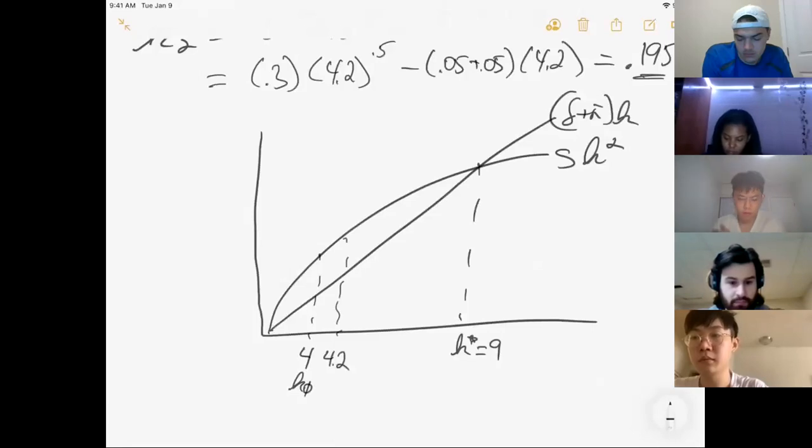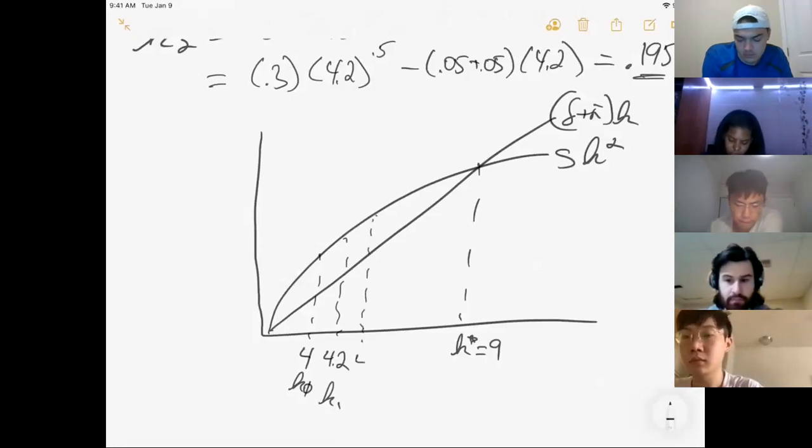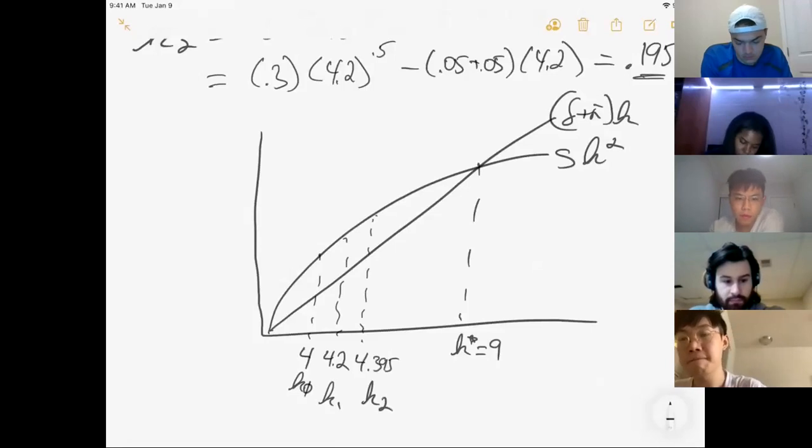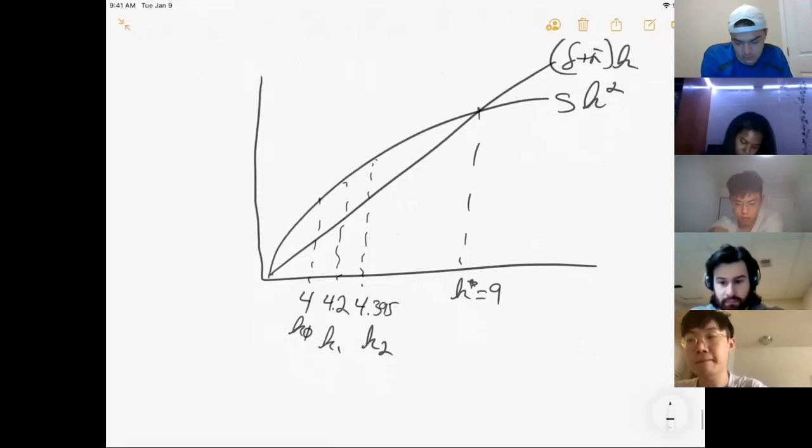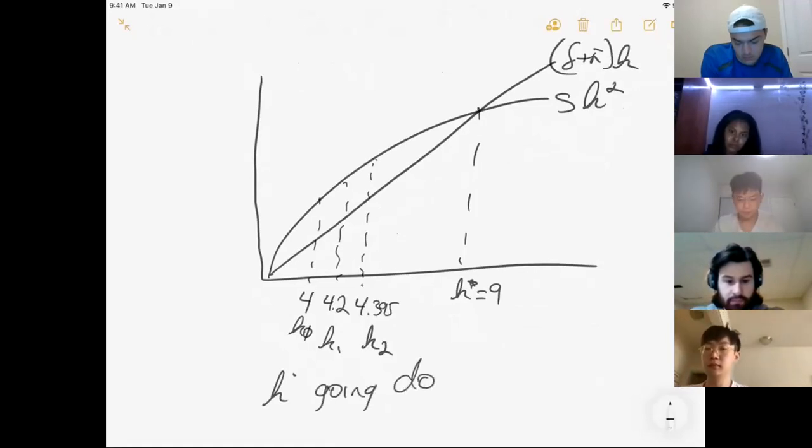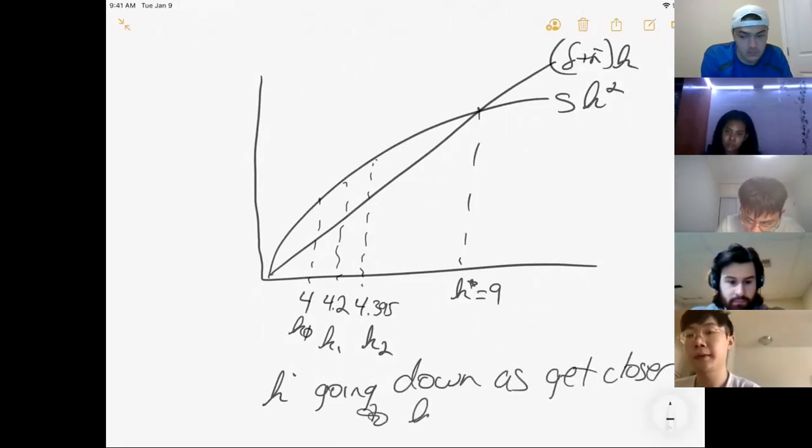We move to 4.2. Where do we move in period 2? To 4.395. Does this answer make sense? Yes, because notice what's happening to K dot. K dot is getting smaller as we get closer to the steady state.